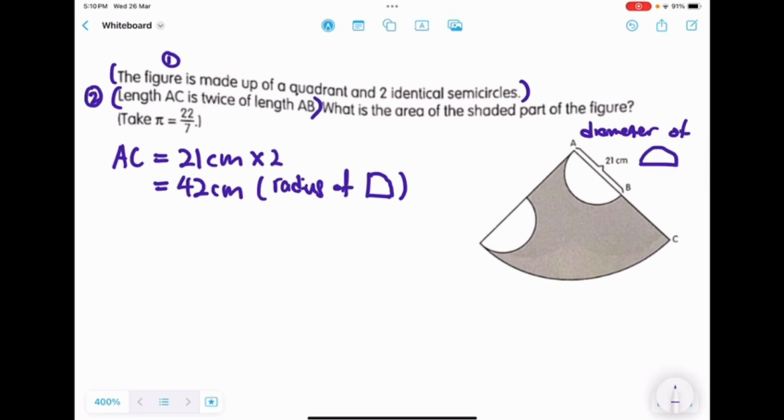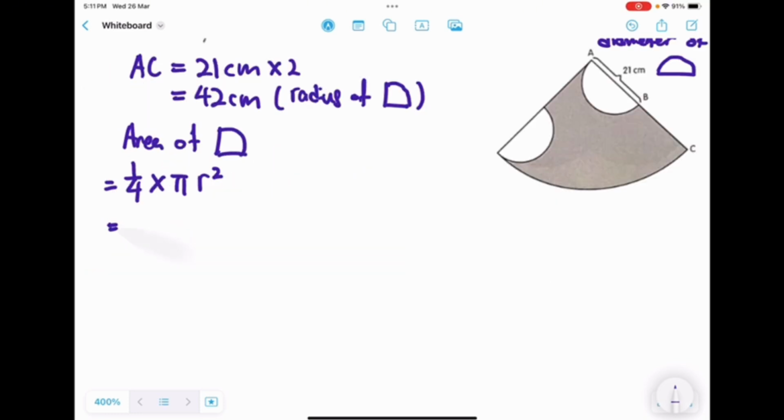Now let's move on to the next sentence. The last sentence says, what is the area of the shaded part of the figure? First thing I want to ask myself, what is the formula to find the area of a quarter circle? The area of a quarter circle is simply 1/4 multiplied by pi r square. So I know that 1/4 is 1/4.